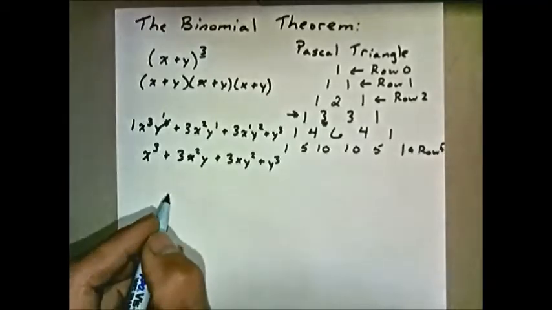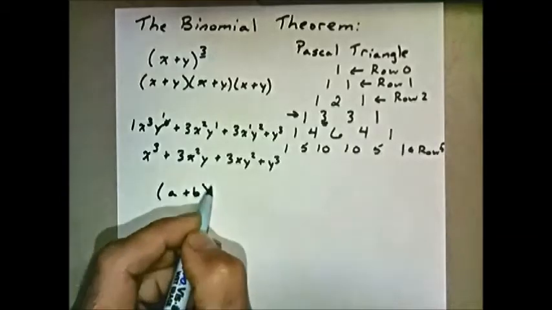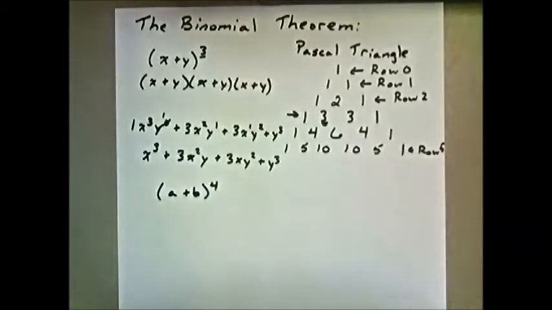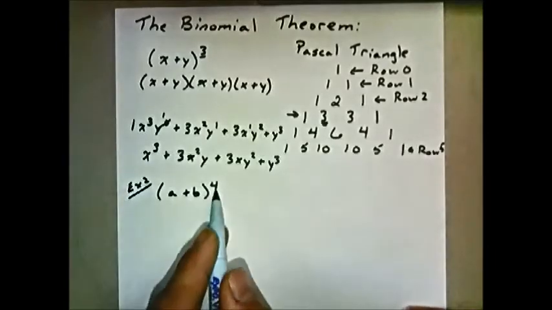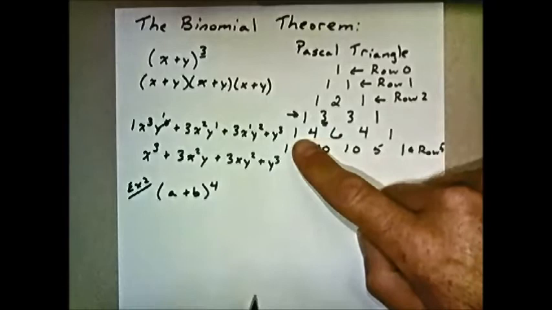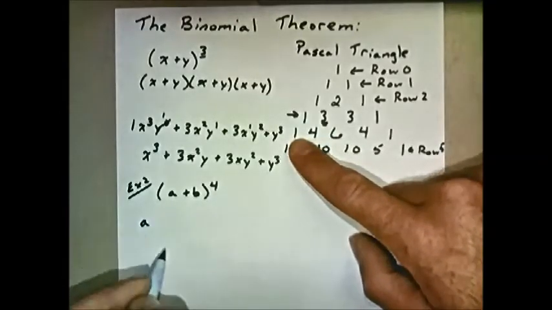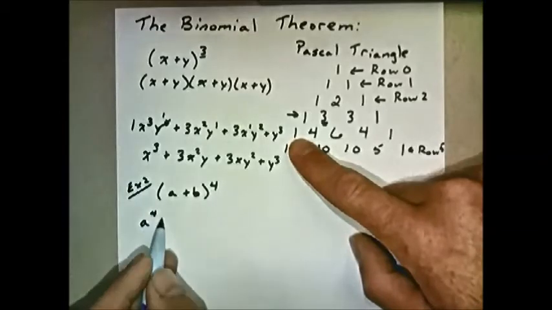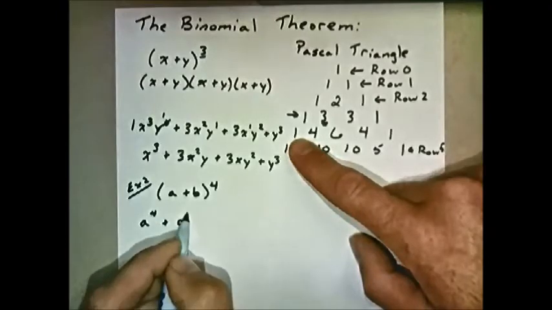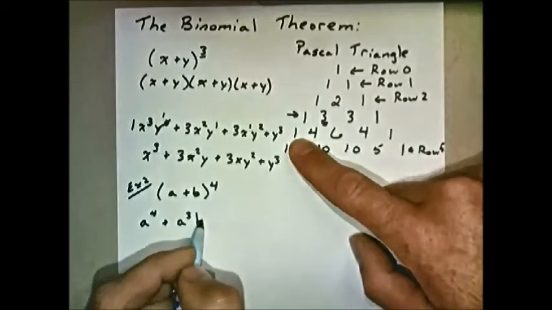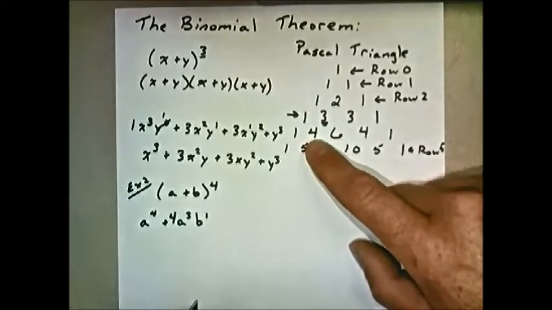So let's go ahead and look at another expansion. Let's take a plus b. This time let's take it to the fourth. So I'm looking at the fourth row. I'm going to begin with a 1, which we really don't need to write. So we have 1a to the fourth, and no b's. Plus, we're going to decrease the exponent of a, and increase the exponent of b and bring in the coefficient from Pascal's triangle.